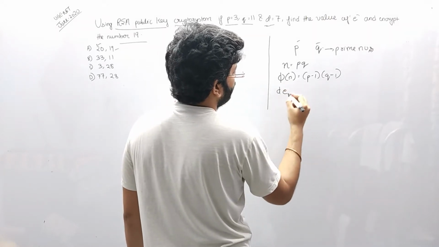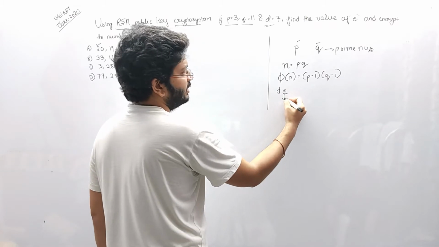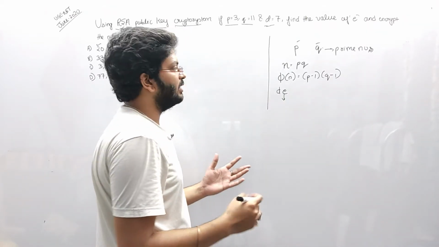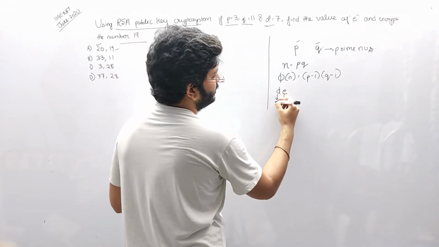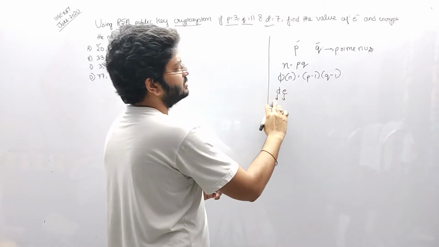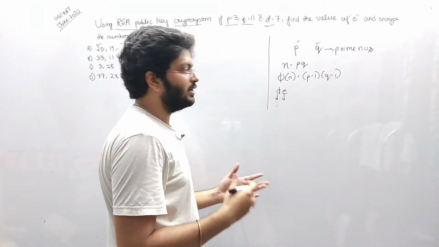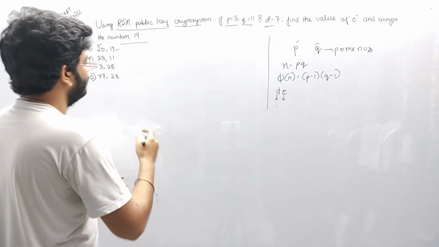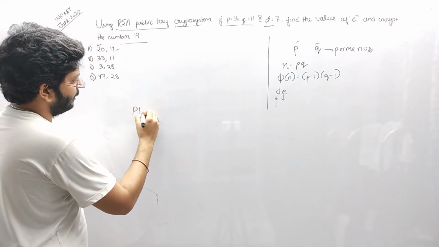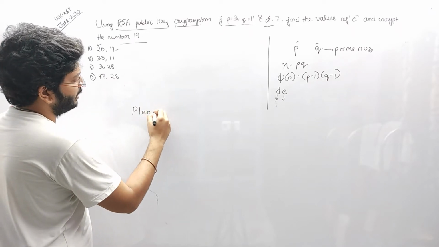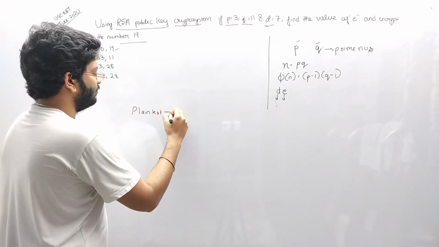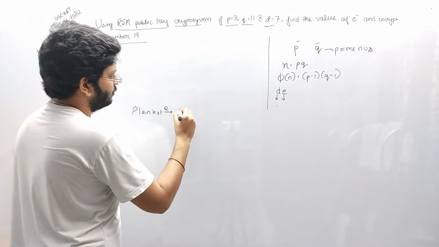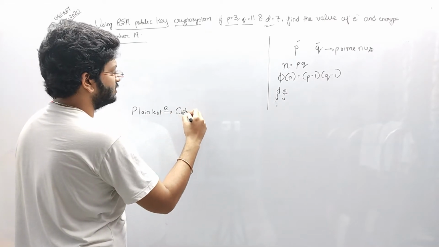The parameter E is used while encrypting the plain text, and the parameter D is used while decrypting the ciphertext. Suppose we have the plain text. The parameter E will be used, so it will be converted into the ciphertext.